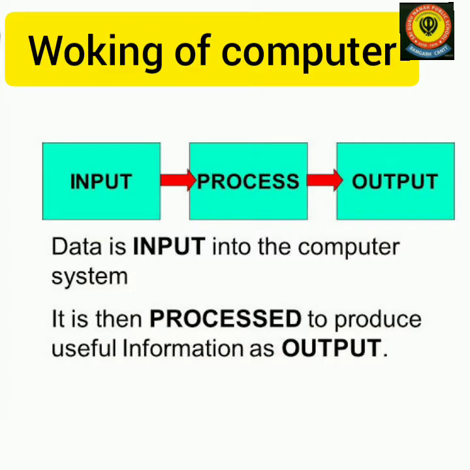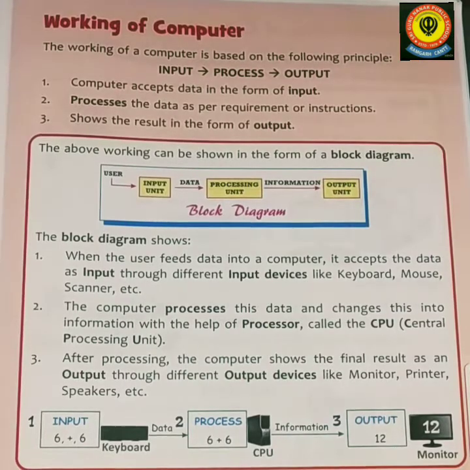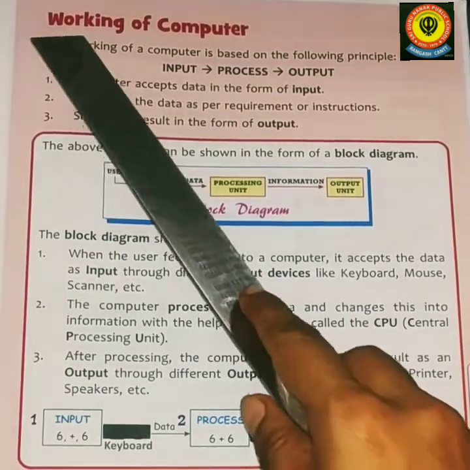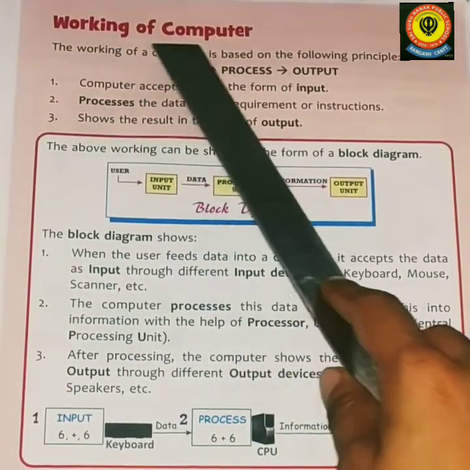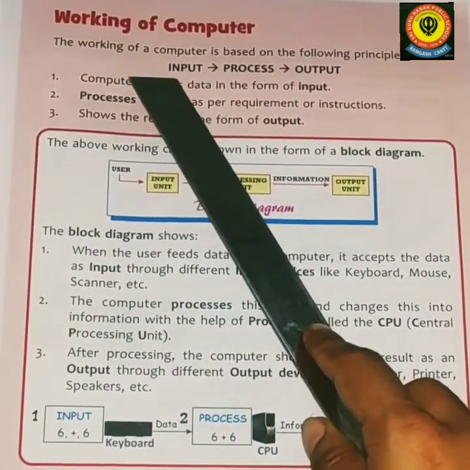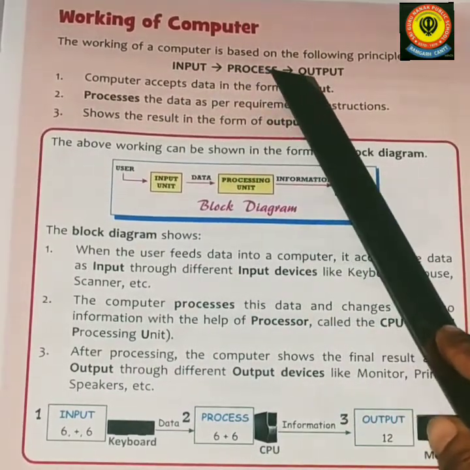Next thing is we have to study the working of a computer, how a computer gets into work. A computer works with three processes: input, process and output. Like in your book it is also mentioned, computer input, process, output.